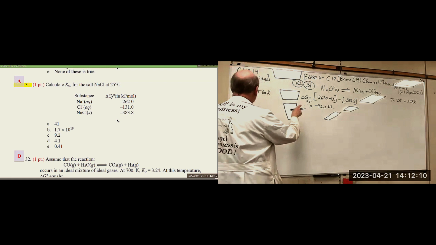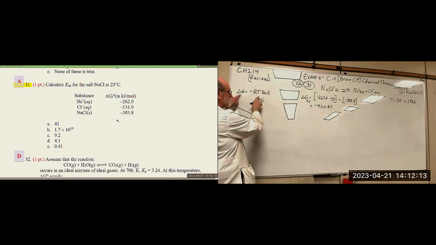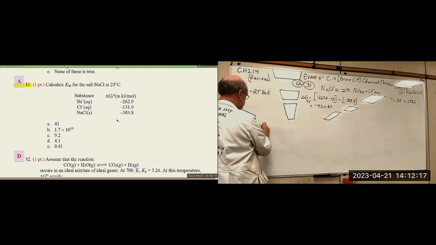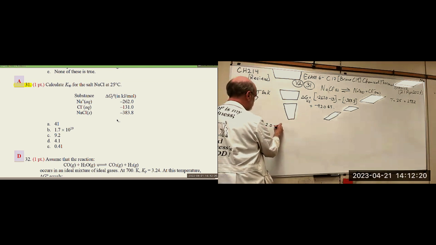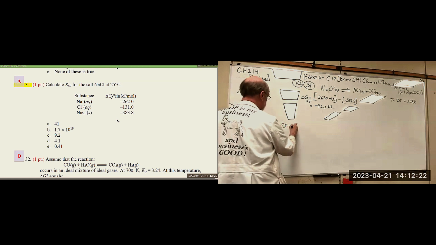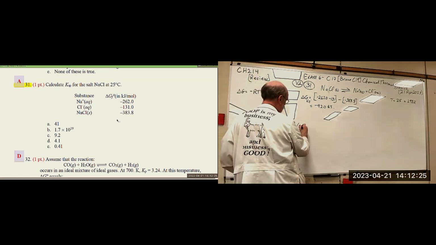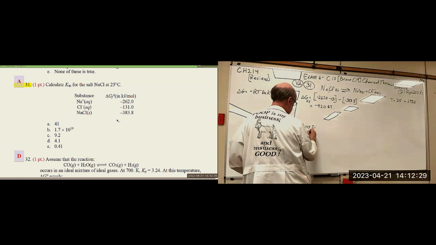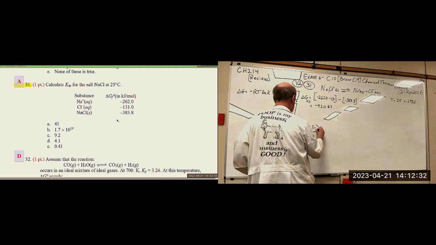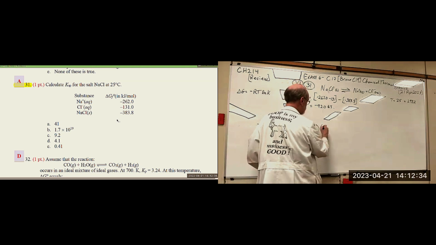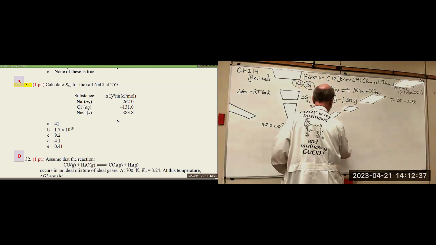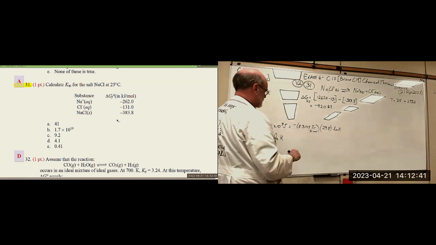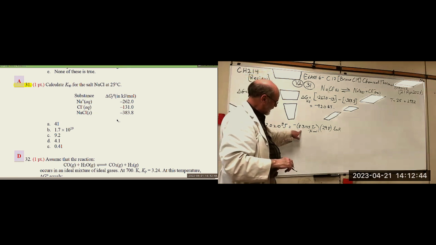So now that we have that, we got the temperature, we can calculate K. But that has to be in joules. Minus 92.0 times 10 to the third joules equals minus 8.3145, this is joules per K mole, and then T is 298, and then log K. So log K is equal to this one divided by that one divided by that one.